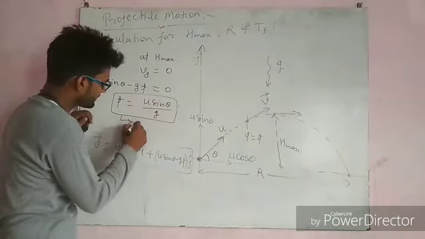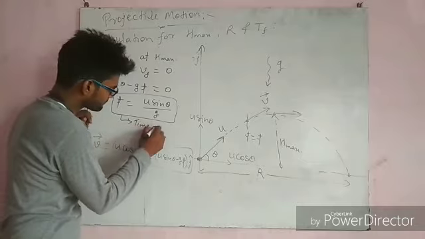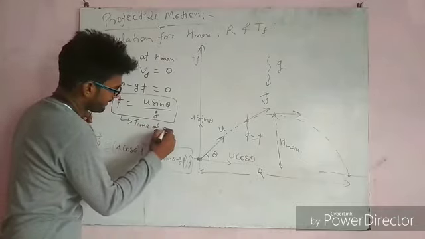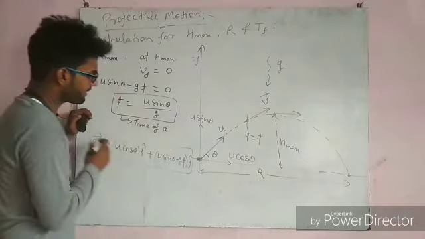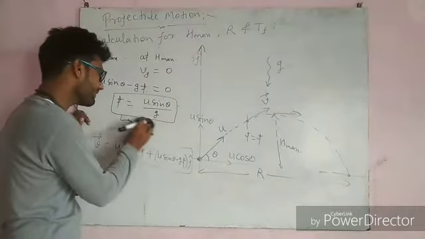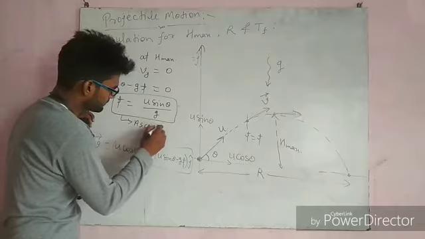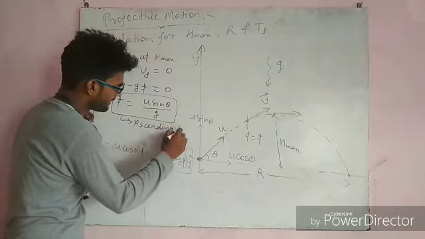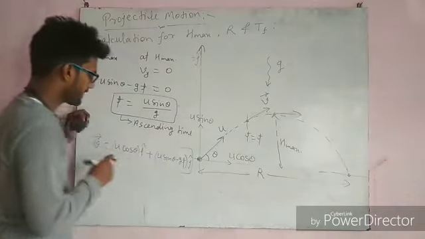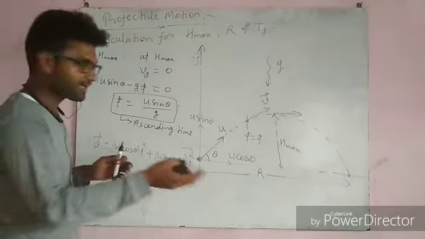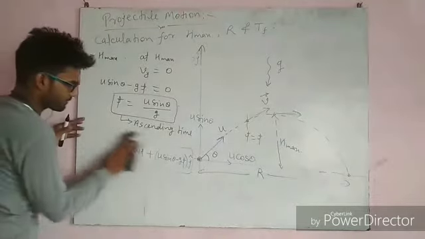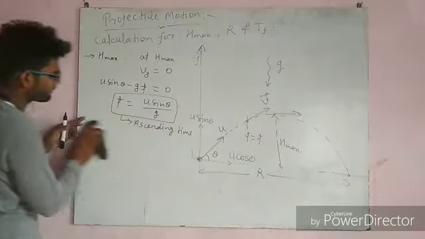So this is called the time of ascent or ascending time. Ascending time means the time in which the particle is ascending, right? So we have got the ascending time.